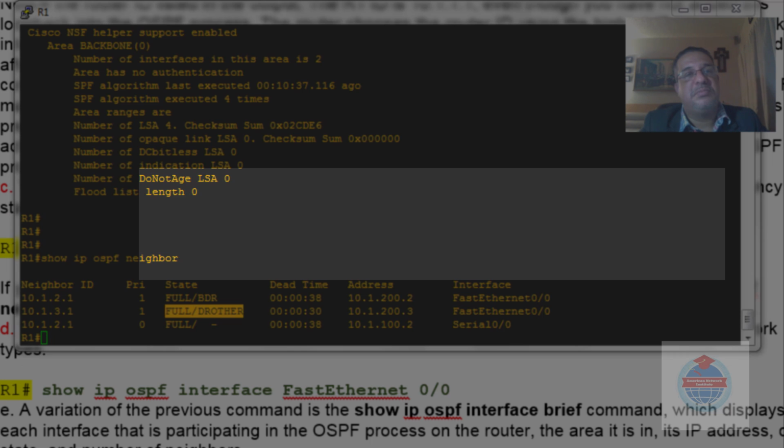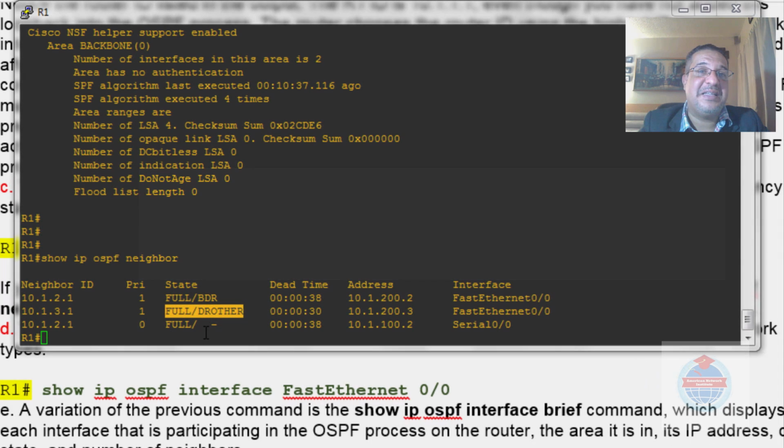What does that mean? If we have the BDR and we have DR other, that means that you are probably going to be the DR, the designated router, and the DR other is neither one, the one that has the actual table. So after checking this information of show ip ospf neighbor, what do we see over here?